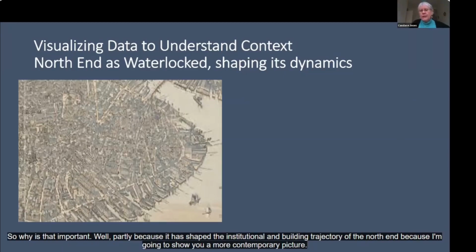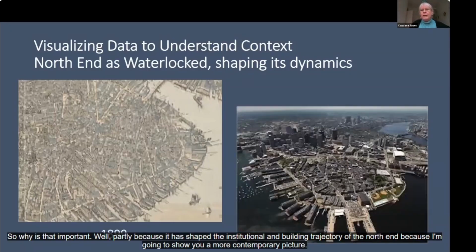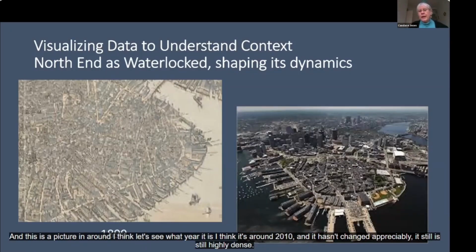Well, partly because it has shaped the institutional and building trajectory of the North End, because I'm going to show you a more contemporary picture. This is the picture from around, I think, 2010, and it hasn't changed appreciably. It's still landlocked, it's still highly dense.